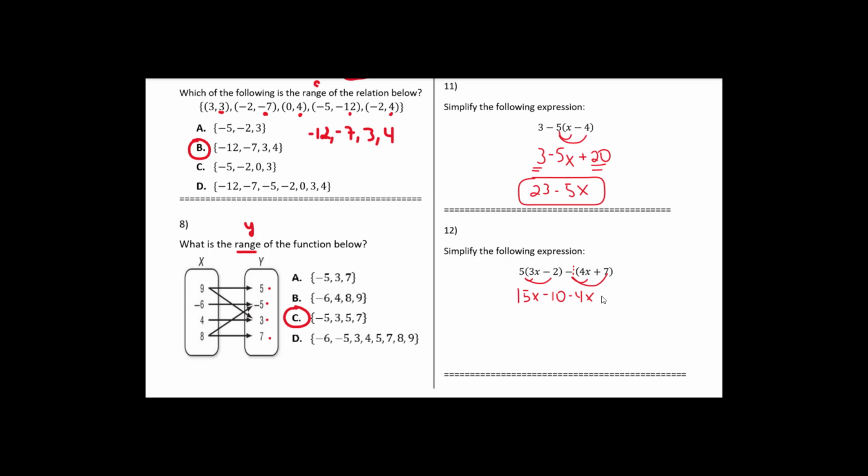Negative 1 times 7 is negative 7. So we're going to combine like terms. So 15 minus 4 is 11x. Negative 10 minus 7 is negative 17. So that's our answer right there for number 12.